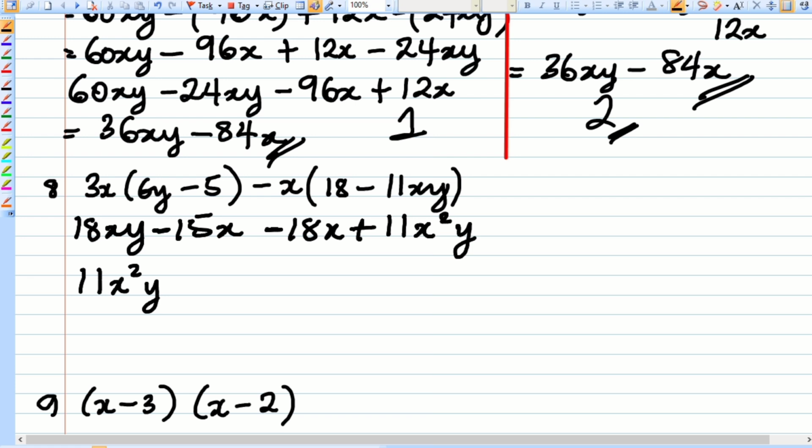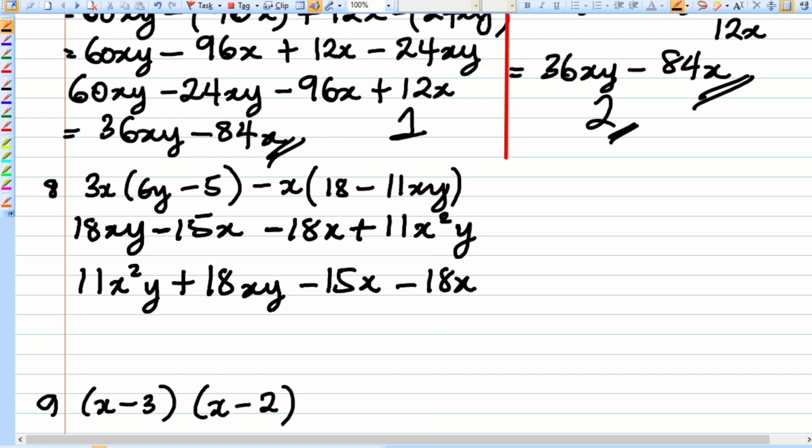Another thing I want to say is that 11x squared y is not like 18xy, because you see there is no square on the 18xy, so they're not like terms, so we can't add them. So after writing that, we write the 18xy, so plus 18xy, even though we're not adding it together. Then negative 15x, negative 18x.